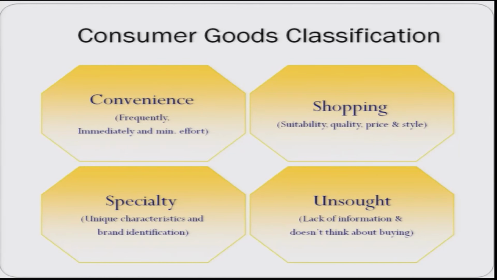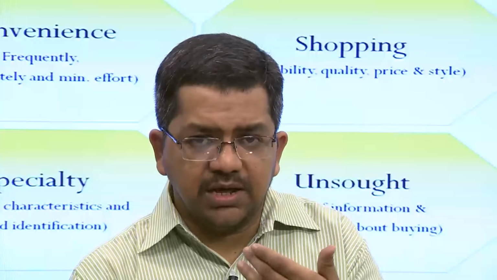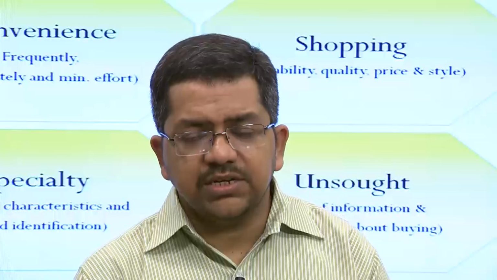Then you have the next type of consumer goods in the form of specialty goods. These are basically very differentiated offerings, and the consumer will be ready to put in extra effort to purchase this kind of product.